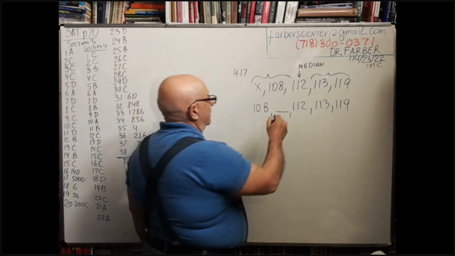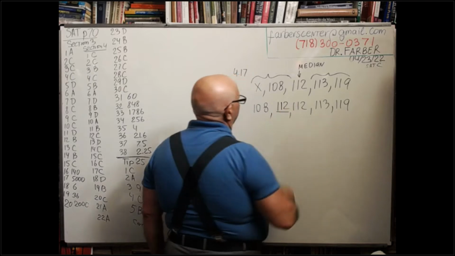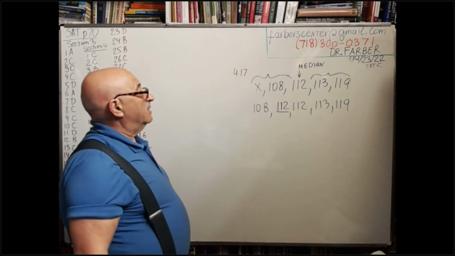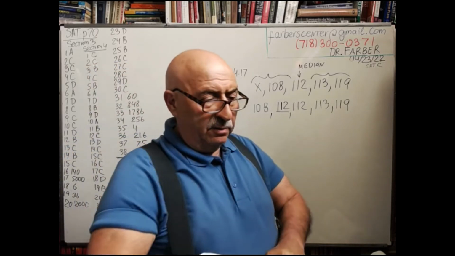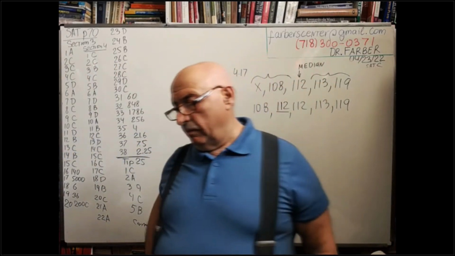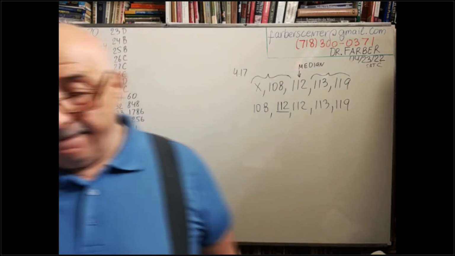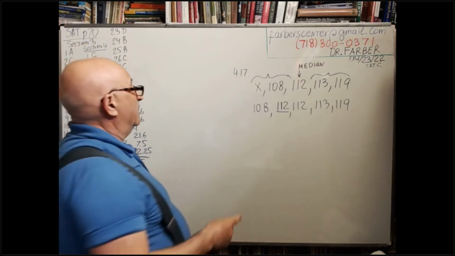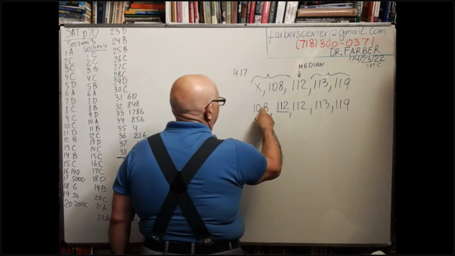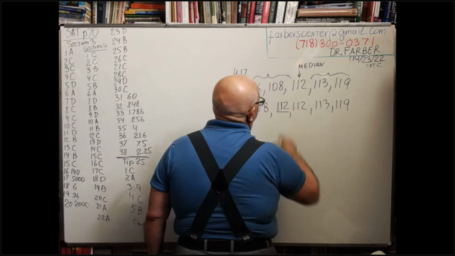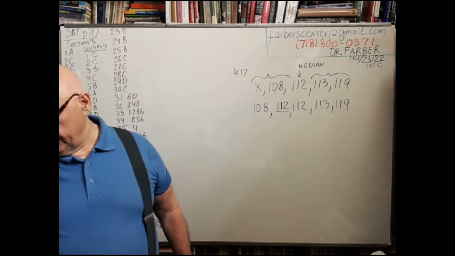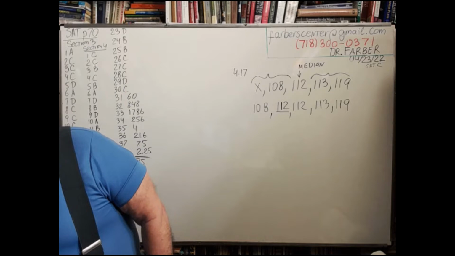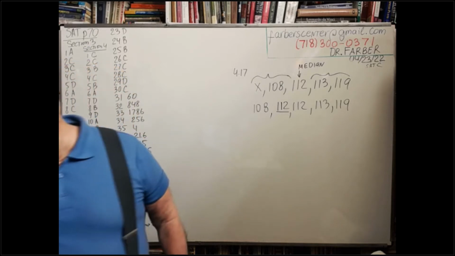Can I have 112 over there? 112 is the greatest possible value for this. If they said numbers are distinct, not the same, the answer would be 111. In this case, this is the smallest, and this is the second smallest. Any questions? No questions. It was 417.